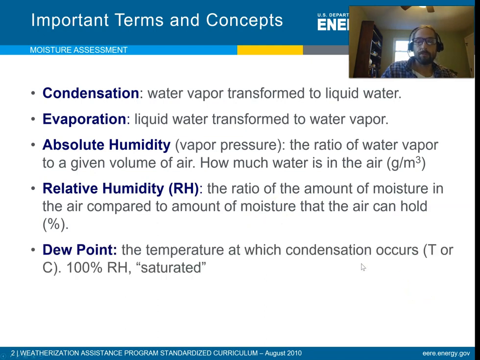The dew point is the temperature at which condensation occurs, or otherwise is at 100% relative humidity when the air is fully saturated. So what I just mentioned, as the air cools down, the relative humidity goes up, because cool air holds less moisture than warm air.